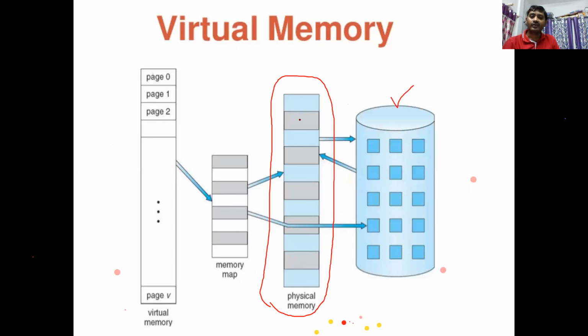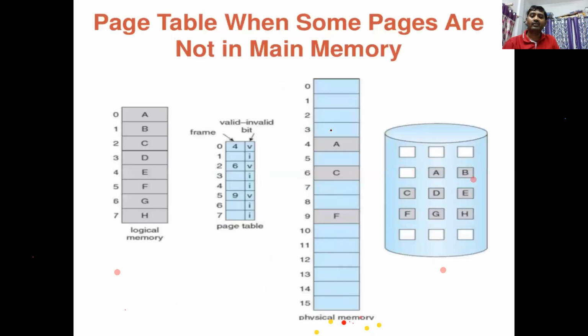Apart from the physical memory, some amount of memory is separately dedicated for accessing the physical memory. Suppose the content is here or here; instead, the content will be brought and kept here, so that it will be easy for the RAM to access it from here. That is the virtual memory concept.